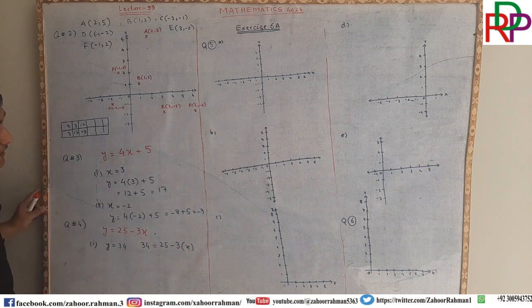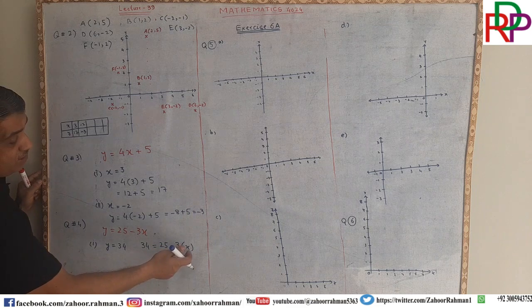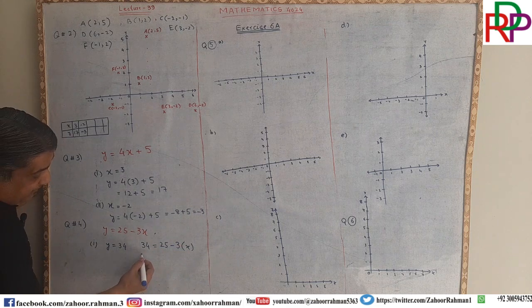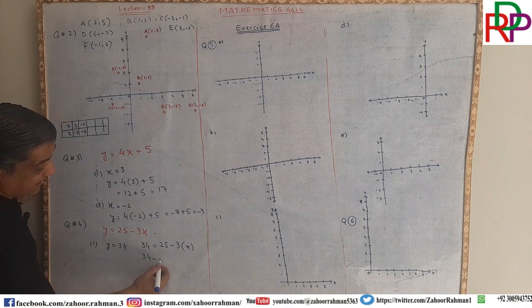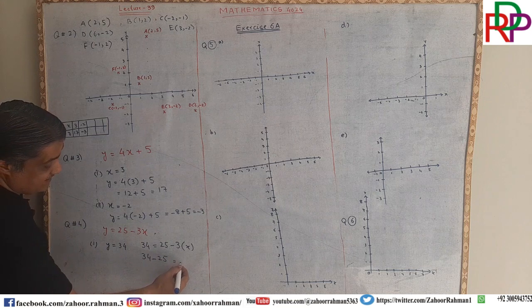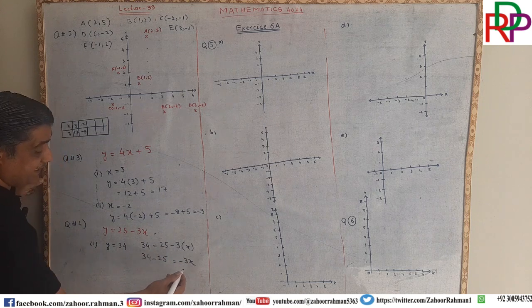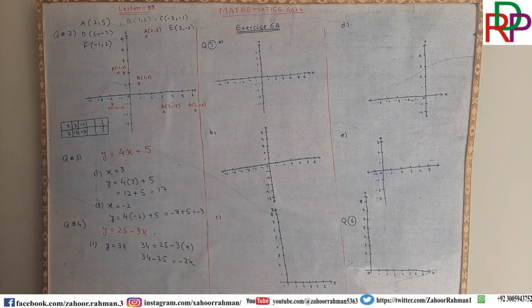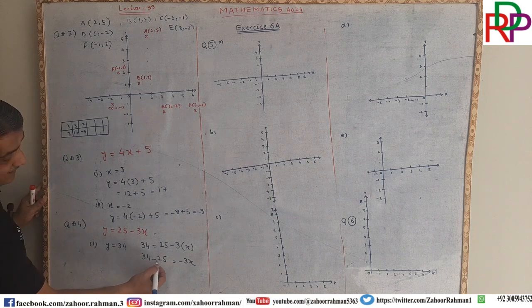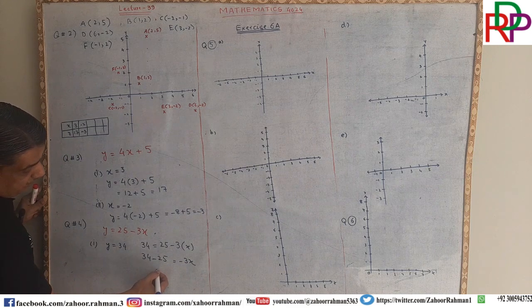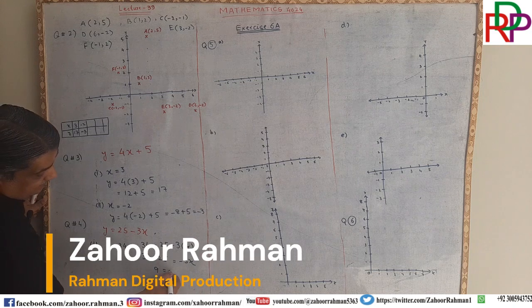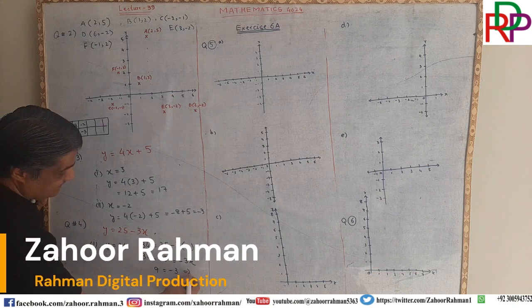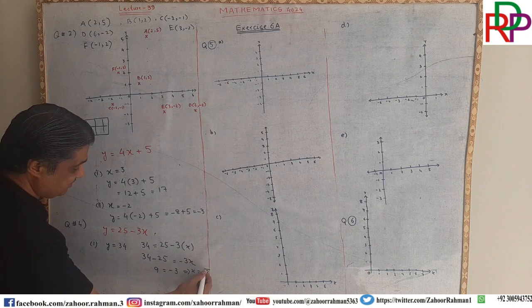We have to find the value of x, and you understood the techniques in previous chapter, how to find the value of one variable. So that will be 34 minus 25, because we are bringing this on this side, and that will remain as minus 3x. Here it will be equal to 9 and minus 3x. This implies that x is equal to minus 3.